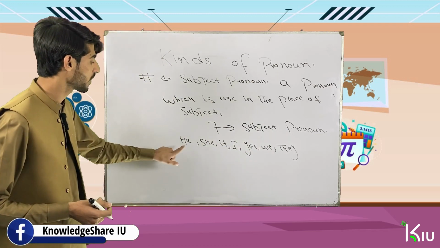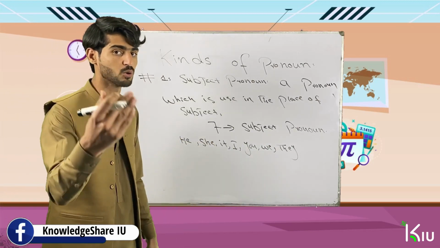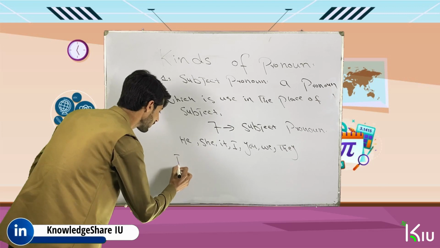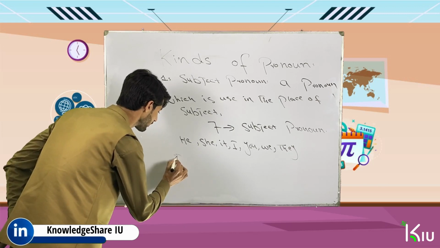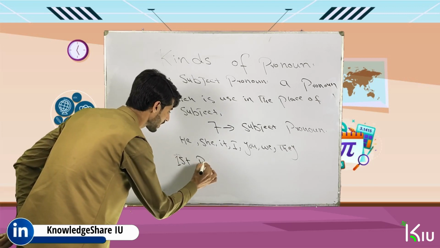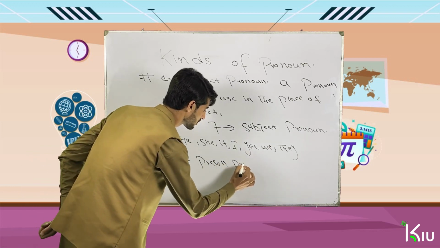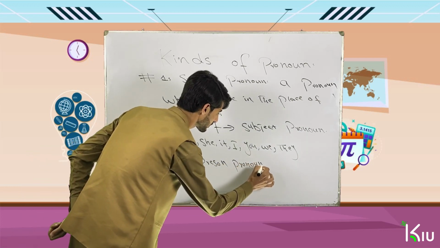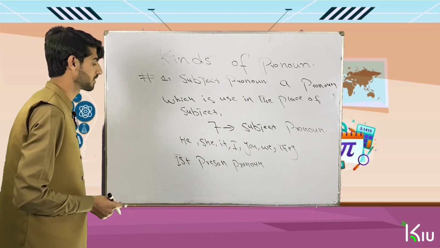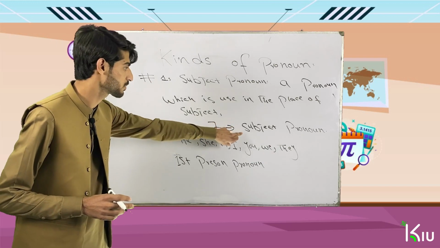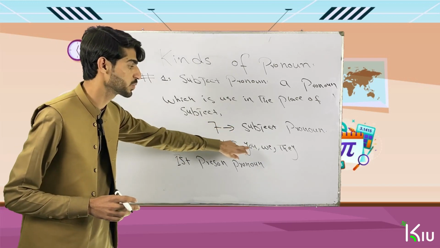Then we have divided subject pronoun in three groups further. And those are, number first, we have first person subject pronoun, you can say. We have subject pronouns he, she, it, I, you, we, they.